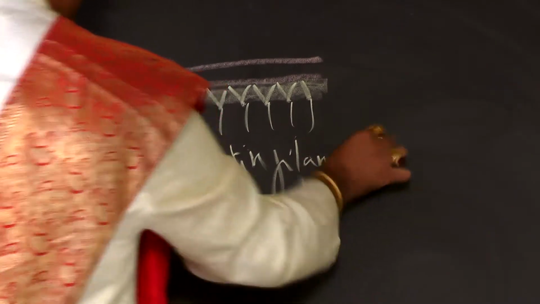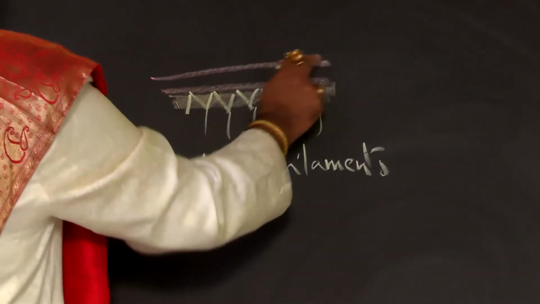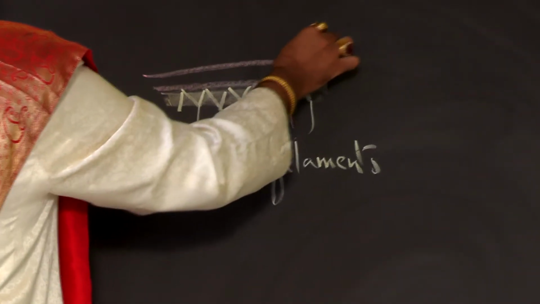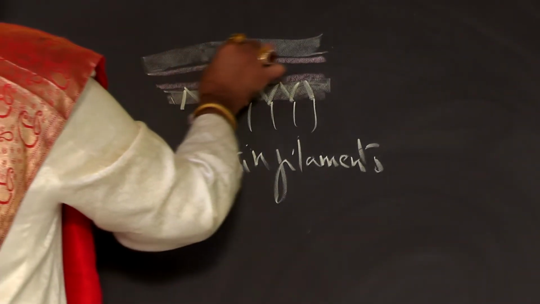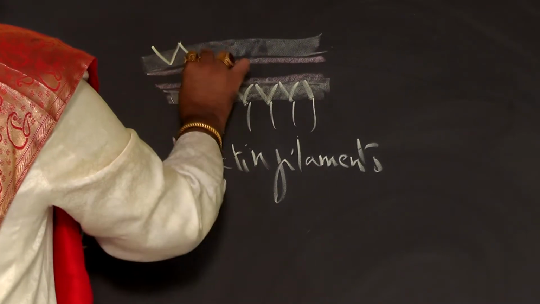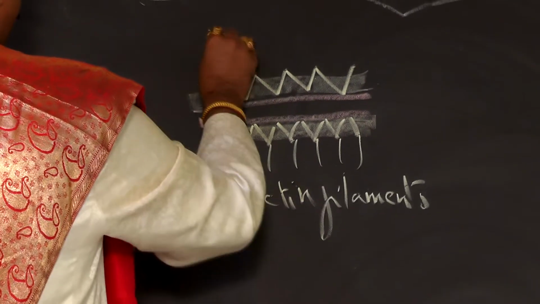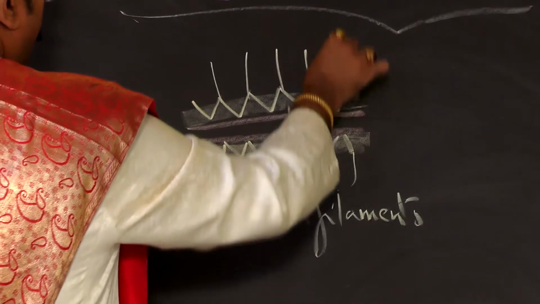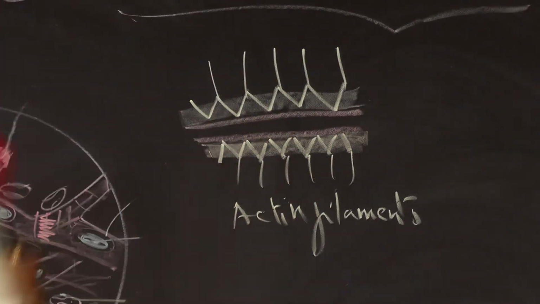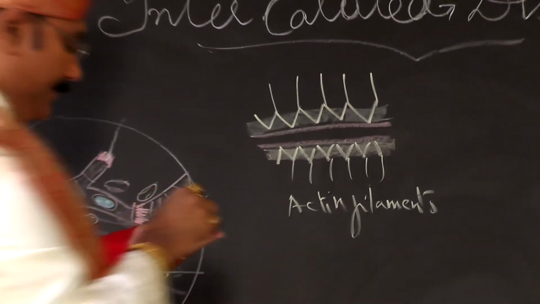Are you able to appreciate? In the same way, this is the cell membrane of another cardiac myocyte, with its dense cytoplasm, also showing the ends of the actin filaments.